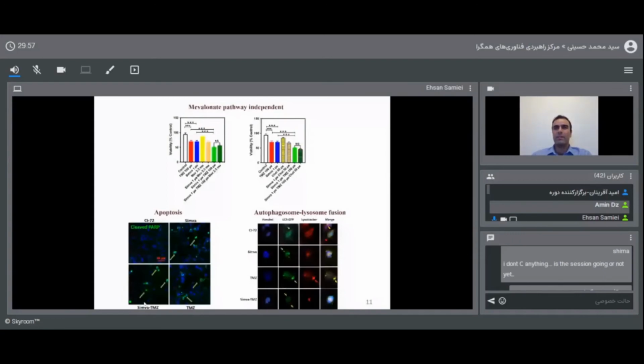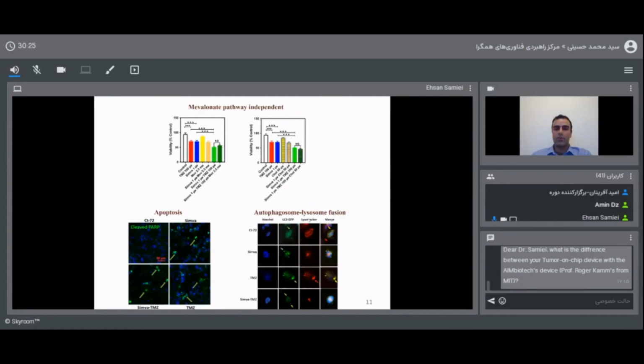Then, from the previous study, we hypothesized that autophagy might be the reason behind the resistance of glioblastoma against temozolomide. So here we studied the autophagy flux by staining the cells with LC3, a biomarker that stains the autophagosomes, and LysoTracker, which directly stains the lysosomes.